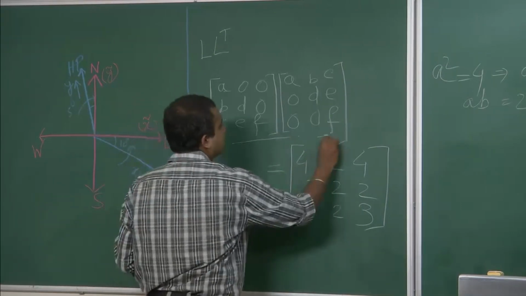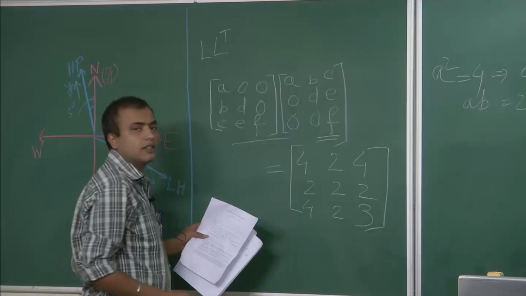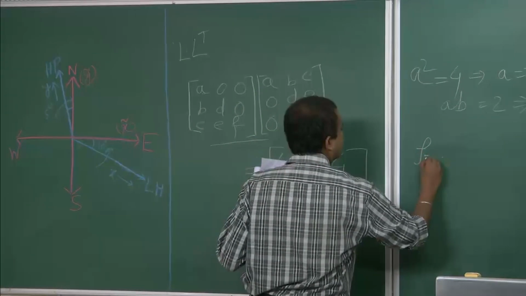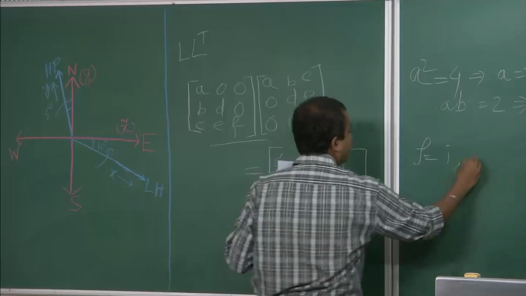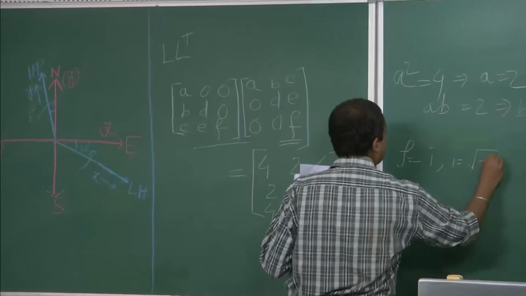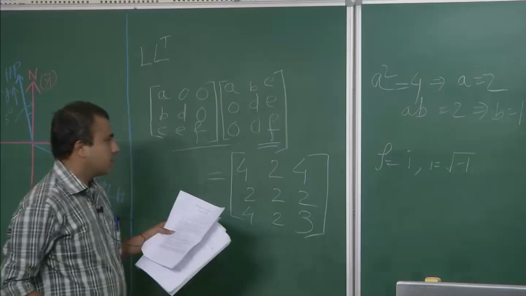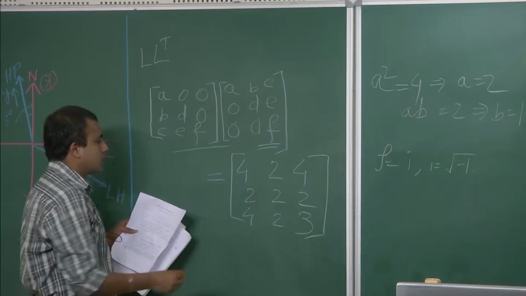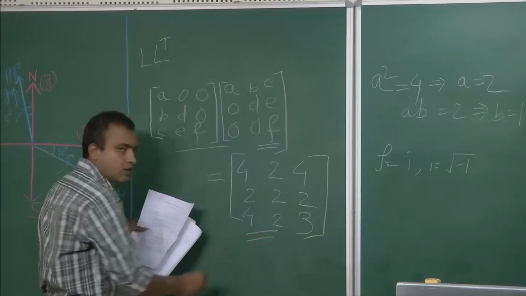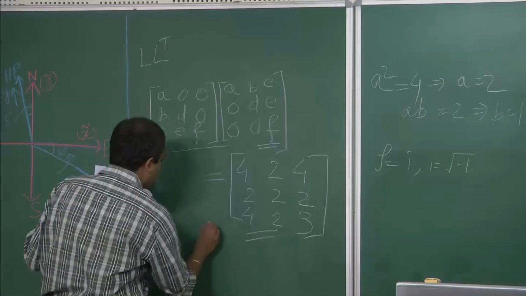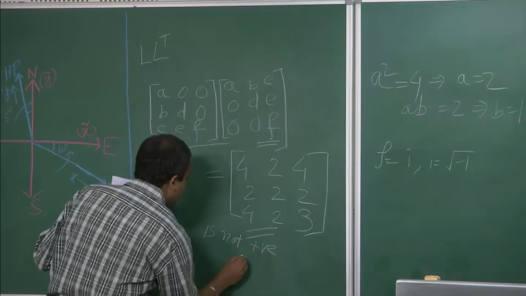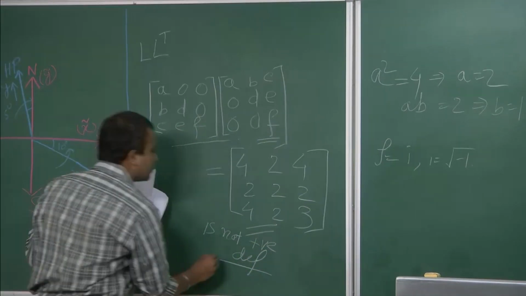Once you come to the last point, we need to find the value of f. Here f will turn out to be a complex number, minus 1, that will be a complex number. So, that will basically show that this matrix is not positive definite.